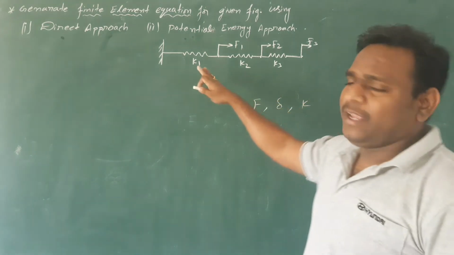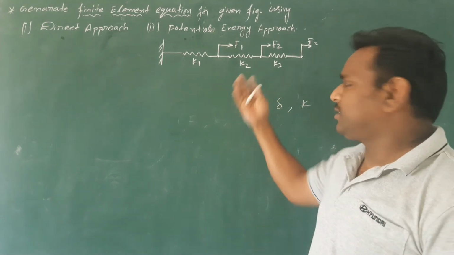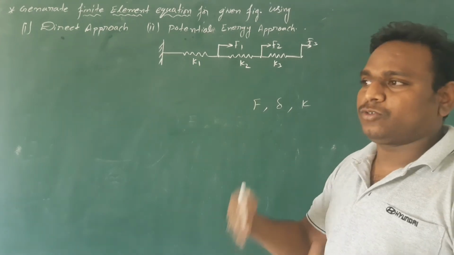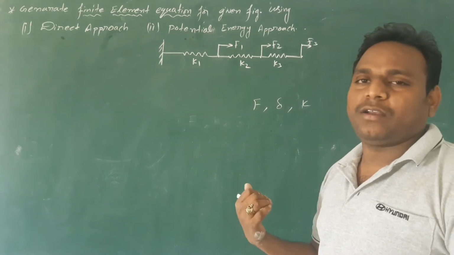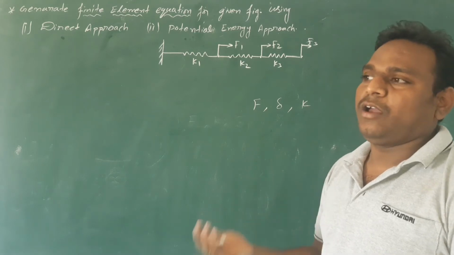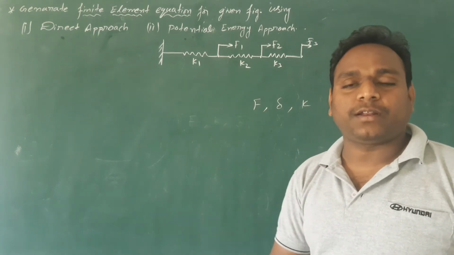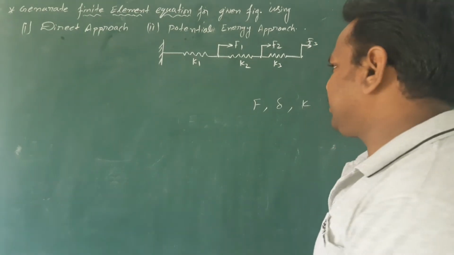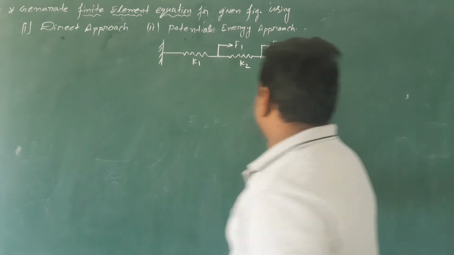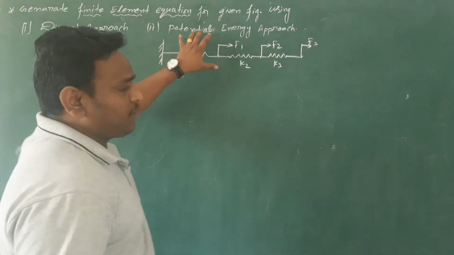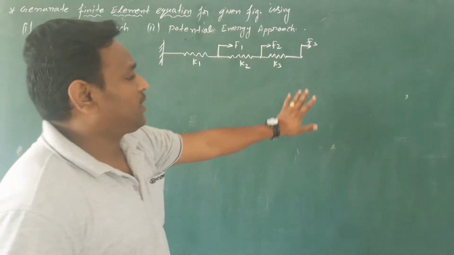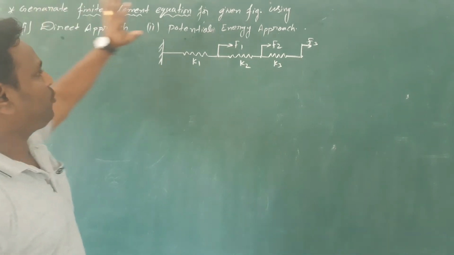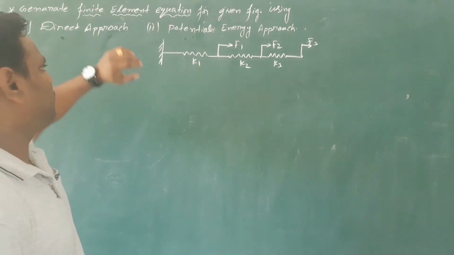Some machines consist of springs, so we should know how much force is applied on a particular component and how much deflection occurs in that component depending upon the force. In this lecture we are going to derive the relation between the force and deflection with respect to stiffness, by using the direct approach and the potential energy approach.